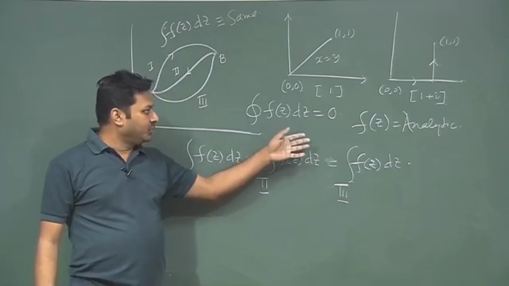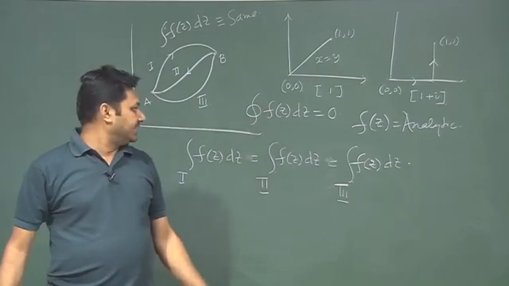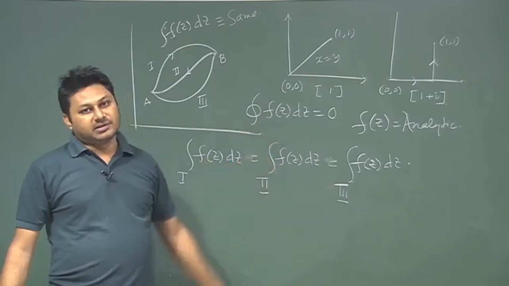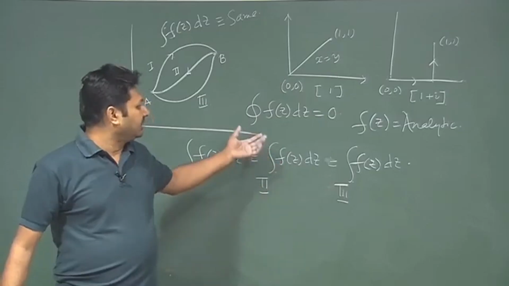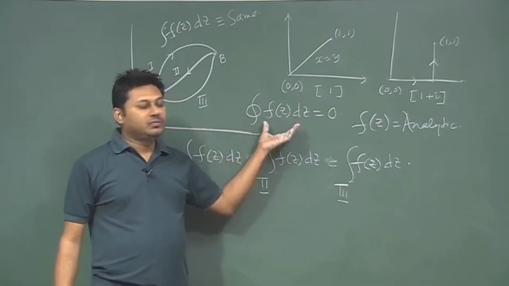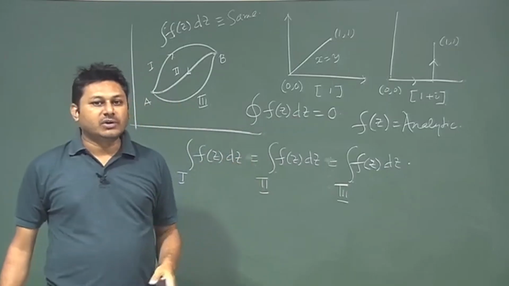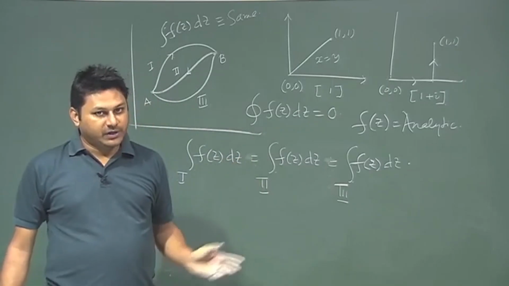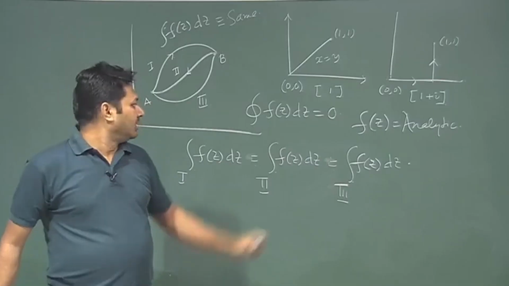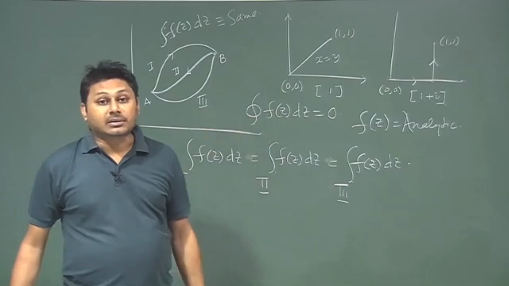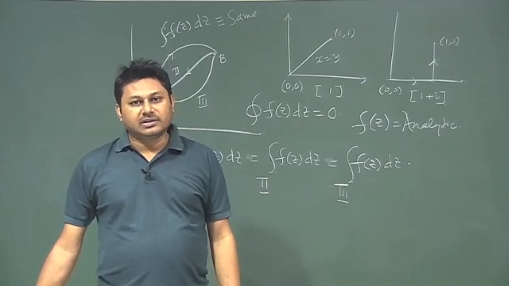In the next class we will explore more about this relationship, which is generally called the Cauchy-Goursat theorem. We will try to understand it in detail and prove it in a different way, see how these things work, and how this can be useful to calculate some integration. So, with this note, let us conclude this class.